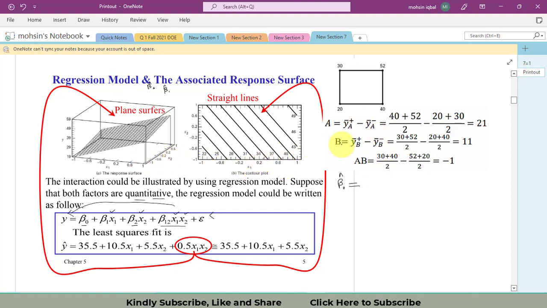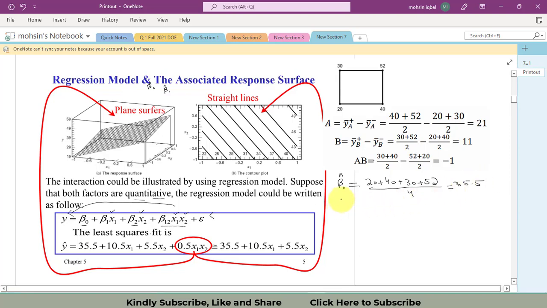In short, take the average of all 4 values. So you will say 20 plus 40 plus 30 plus 52 and divide it by 4. You will get 35.5. So you got the estimate of beta naught, and as it has been written in the equation, this is our 35.5.